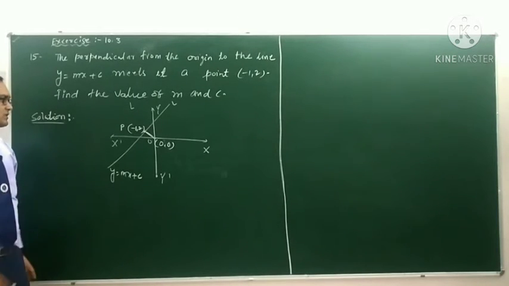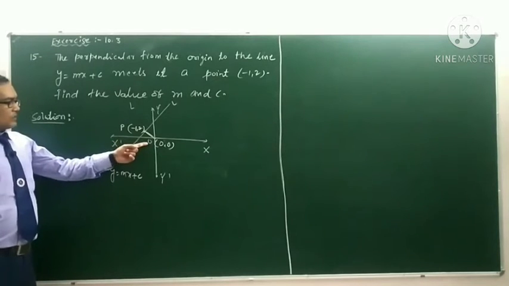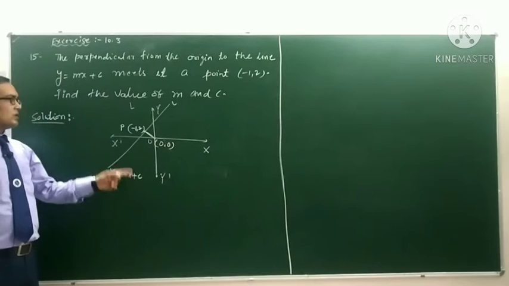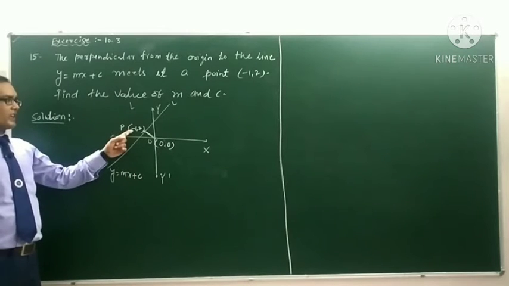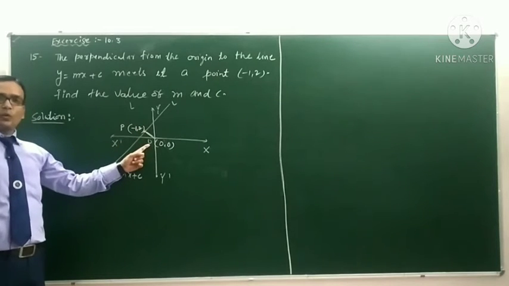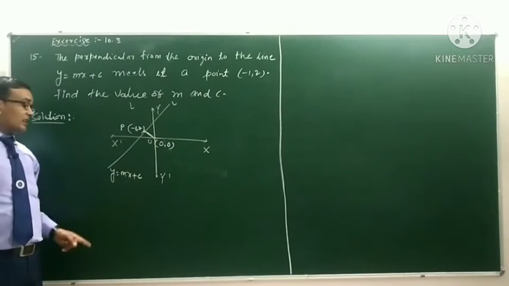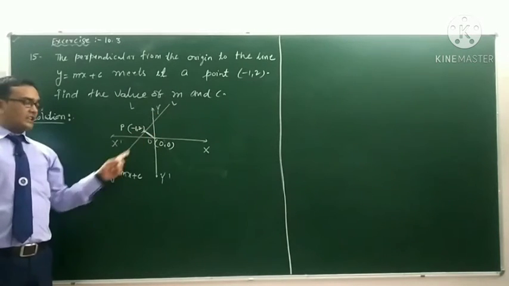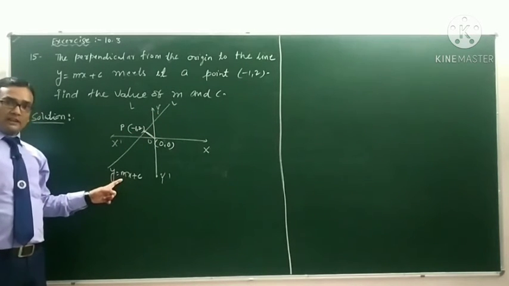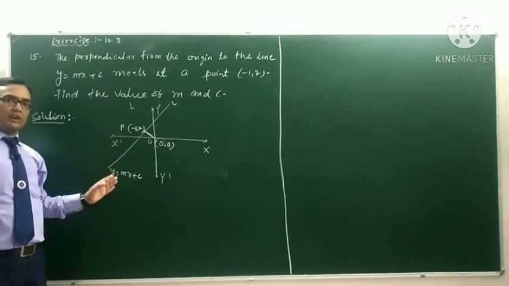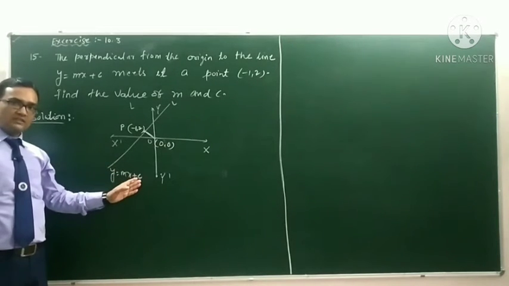The coordinates of O are 0, 0, and of P are -1, 2. We find the slope of the line segment OP, and the slope of the line L is m, because the equation of the line L is y equal to mx plus c.